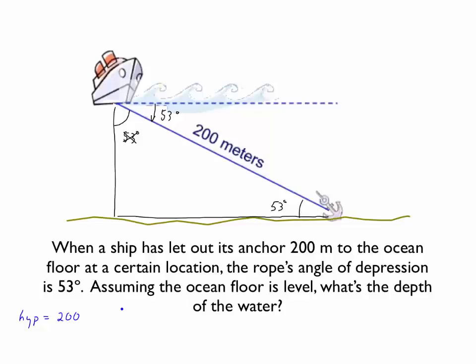The depth is which side of the triangle? Opposite or adjacent? Opposite. The relationship that brings together the angle measure, the hypotenuse, and the opposite is which one? Sine. Sine of the angle measure equals? X over 200. Yep, x over 200.